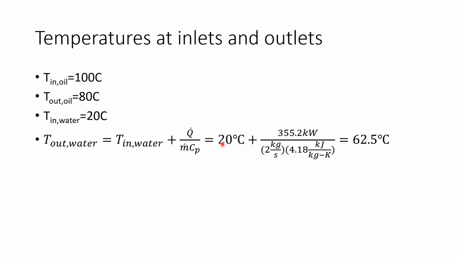We take our inlet temperature of the water, 20 degrees Celsius, plus our actual heat transfer rate, not the maximum, which is 355.2 kilowatts, divided by our mass flow rate of the water and our specific heat of the water, which gives us an outlet temperature of the water of 62.5 degrees Celsius. Thank you.